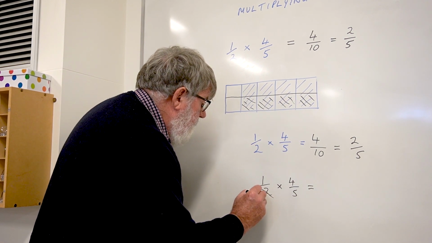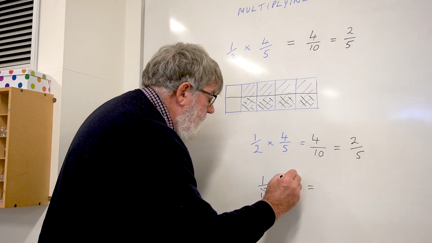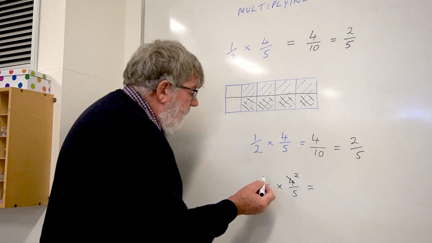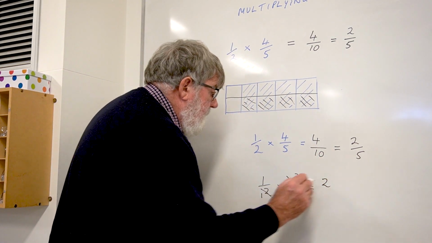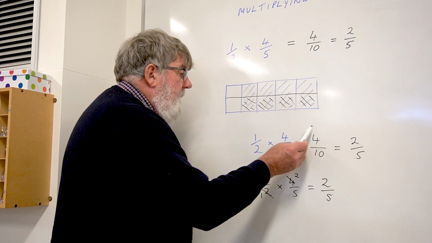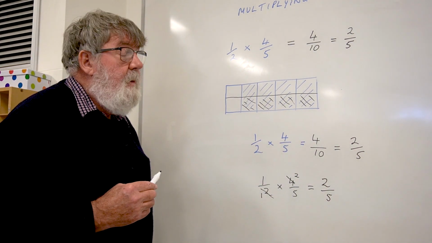How many 2's in 2? 1. How many 2's in 4? 2. If I do that at that stage, I then simply have to do 1 times 2 is 2, and 1 times 5 is 5. So you go straight to the answer without having to worry about an intermediate step. That's it. That's how you multiply fractions.